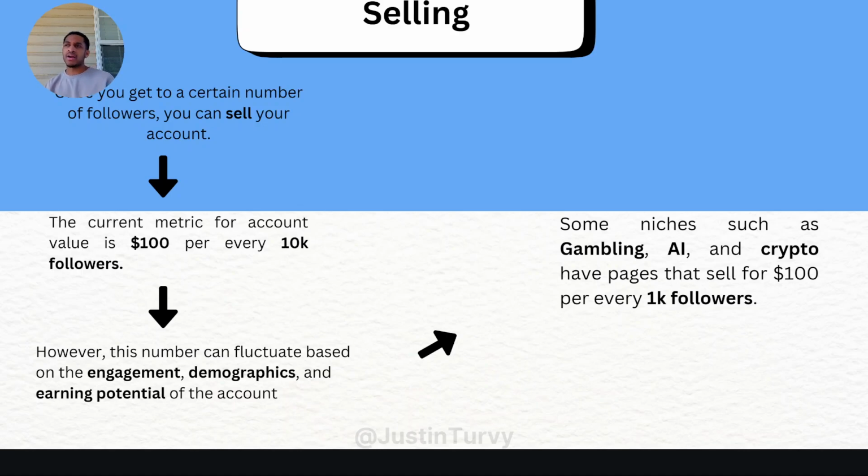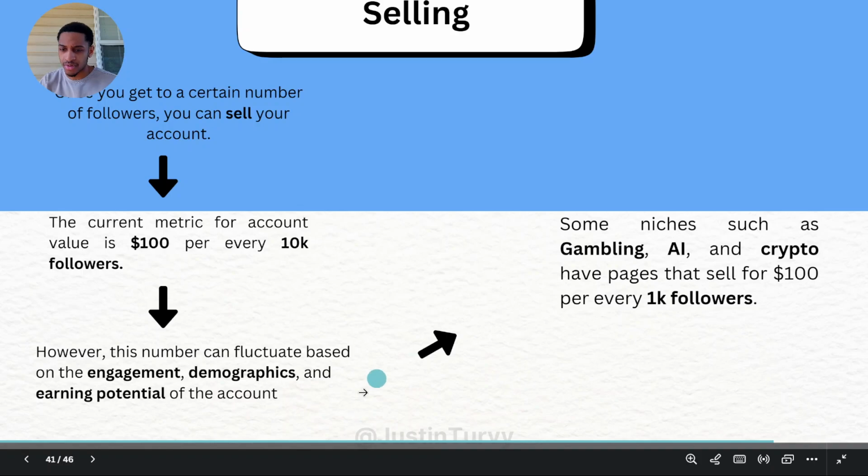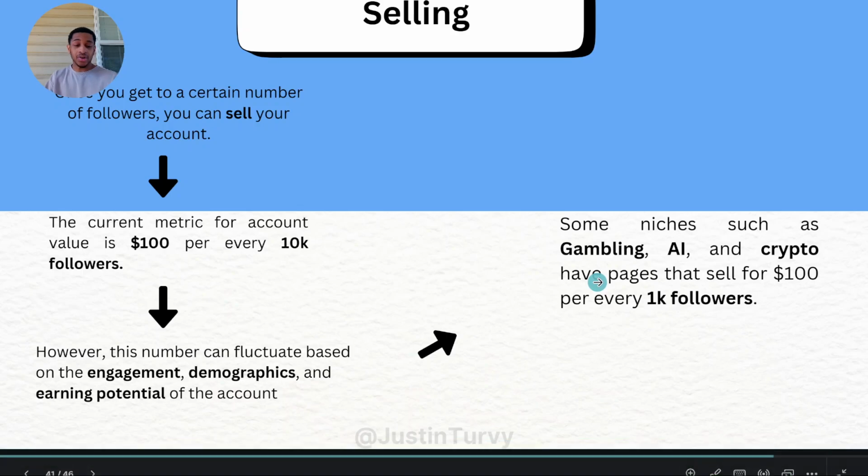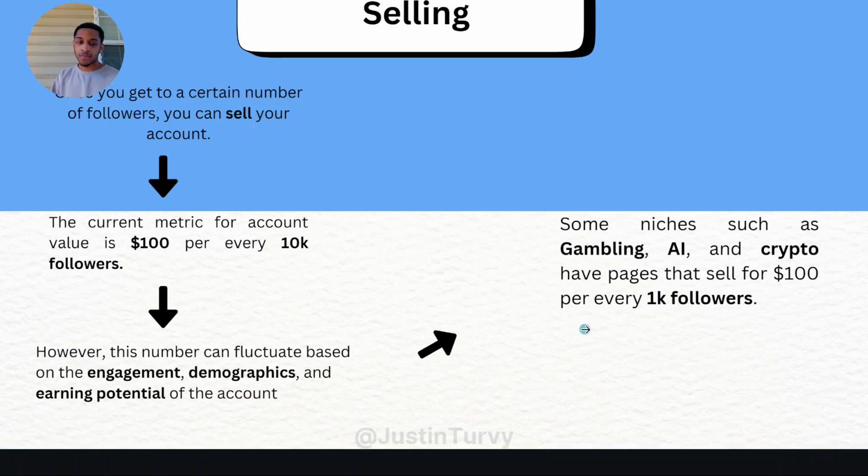I know a lot of other pages, depending on engagement and niche, it could be higher or lower. As I say right here, demographics, earning potential. So niches such as gambling, AI, crypto, finance. I've seen business and marketing, some marketing pages. I know there's this account called Repute Forge that has really good content.